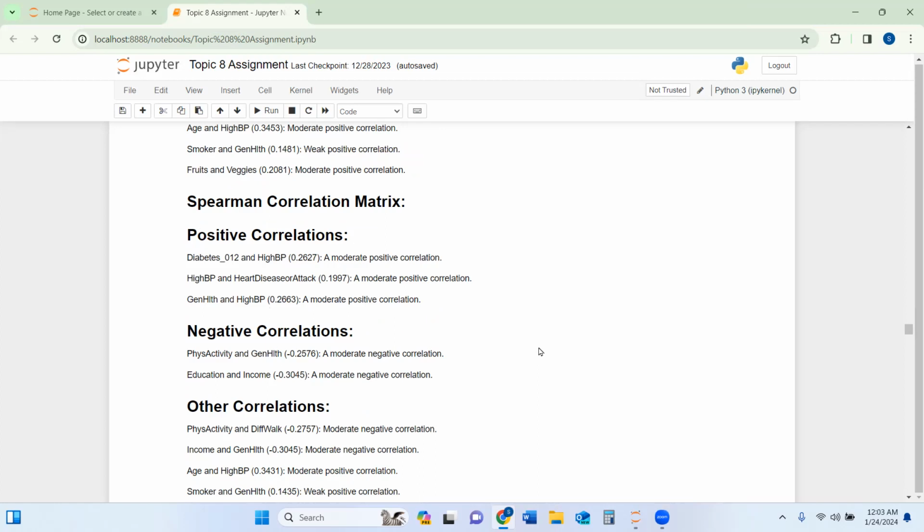Also, Spearman correlation matrix showed a moderate negative correlation for physical activity and general health, as well as for education and income. There was also a moderate negative correlation.